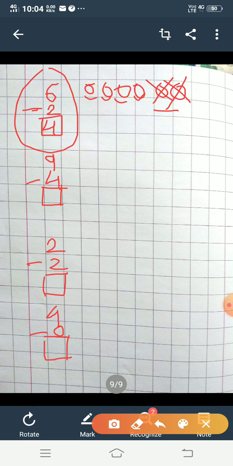Now see how many circles we will draw in the second sum. Which number is the greater number? Yes, right, 9. So we will draw 9 circles, 1, 2, 3, 4, 5, 6, 7, 8 and 9. Students, which is the smaller number we have to cut here?